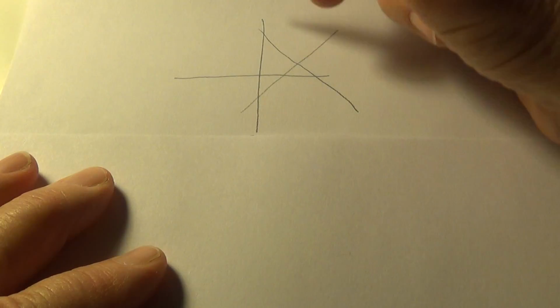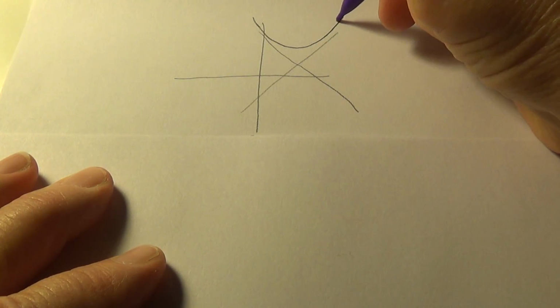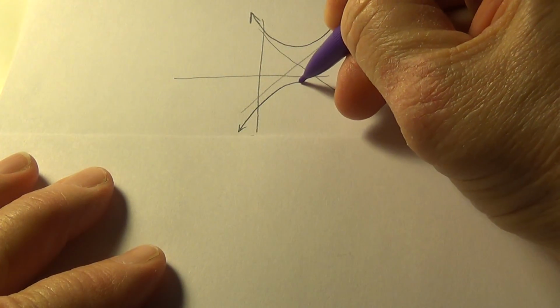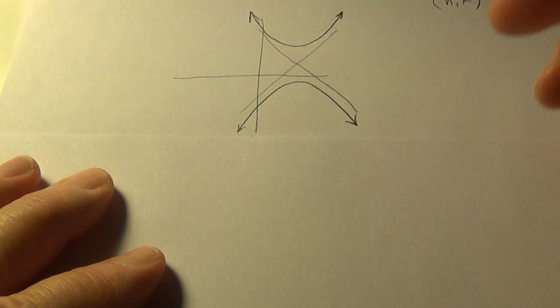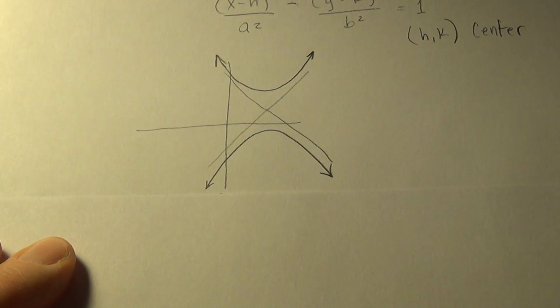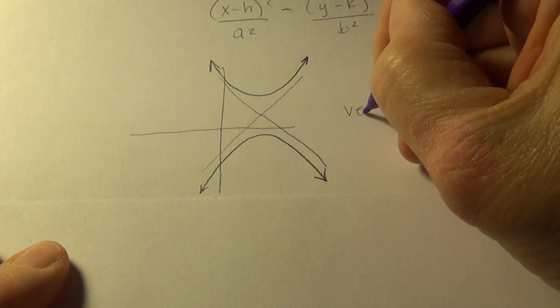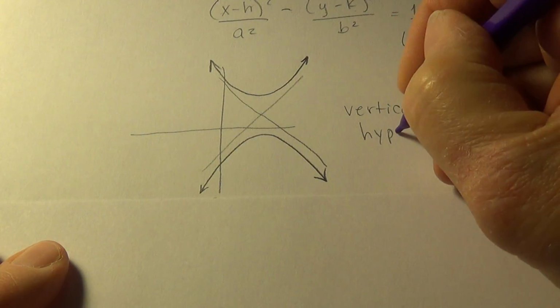Those are the asymptotes, and it would look like this. The openings are up and down. There's the center. So that's an example of a vertical hyperbola.